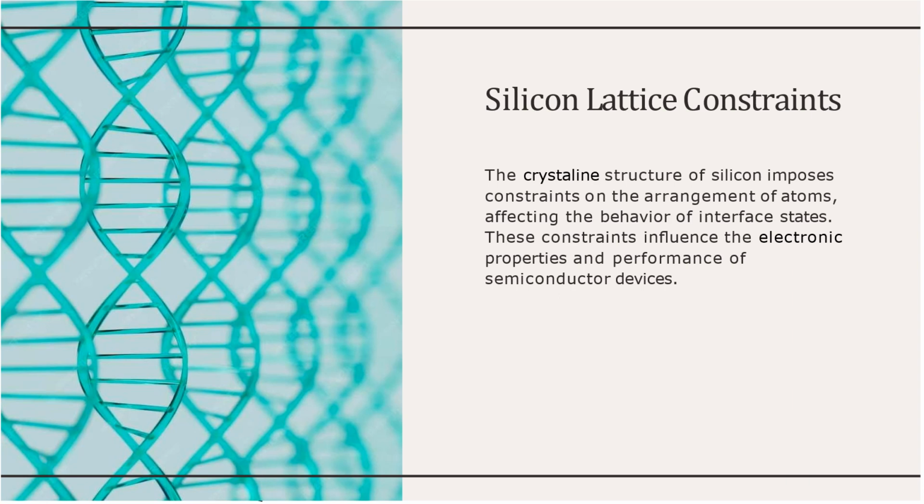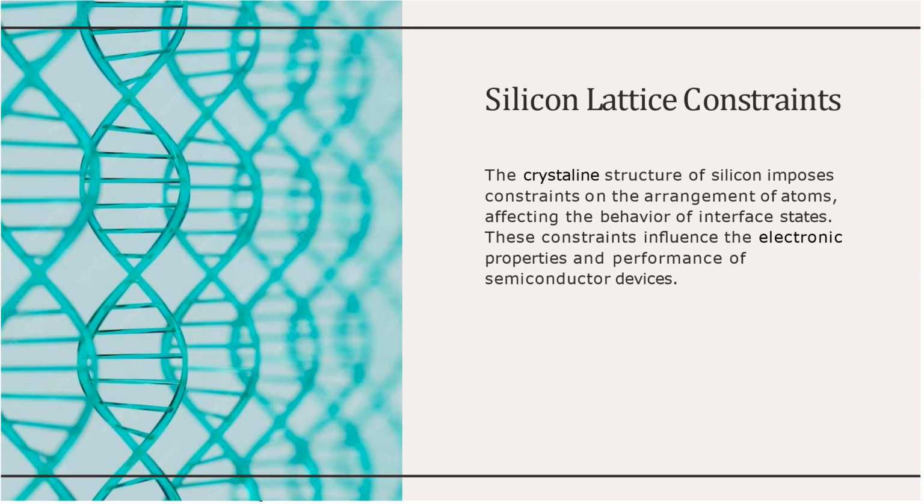Silicon lattice constraints. The crystalline structure of silicon imposes constraints on the arrangement of atoms, affecting the behavior of interface states. These constraints influence the electronic properties and performance of semiconductor devices.